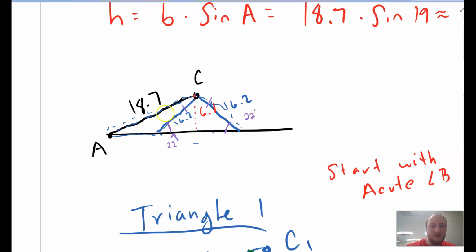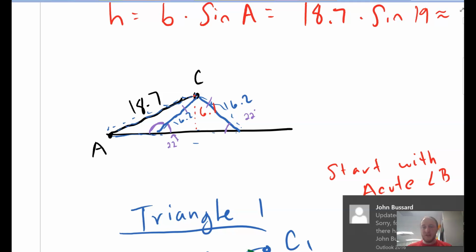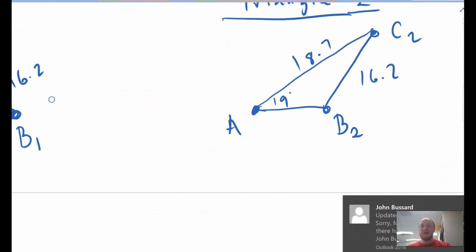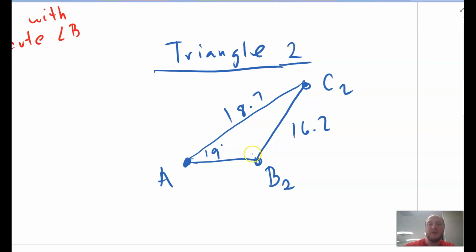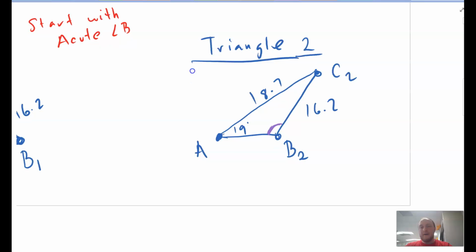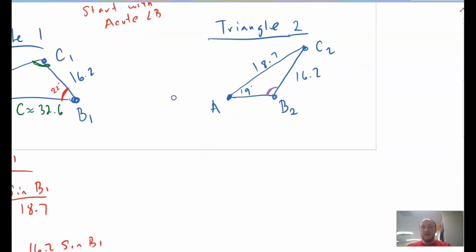If this is 22 degrees, can't I go ahead and calculate this angle by taking 22 away from 180? I can, and that is this angle right here too. That's B2. If you look in your notes, the measurement of angle B2 is the supplement to your first angle B, and supplement means they add up to 180.